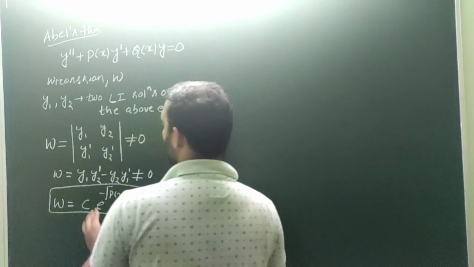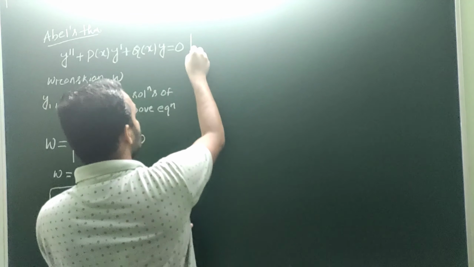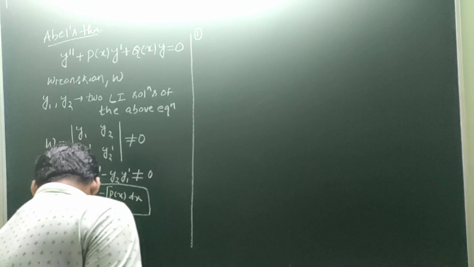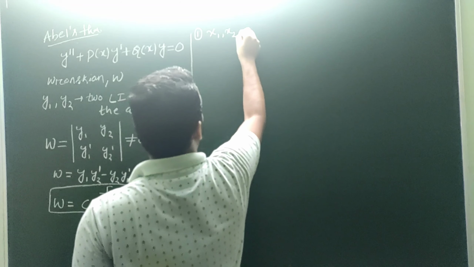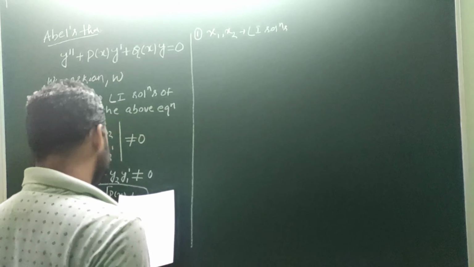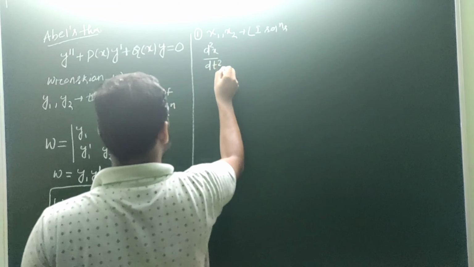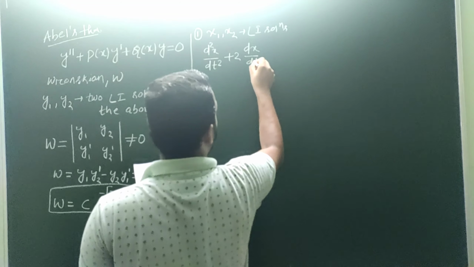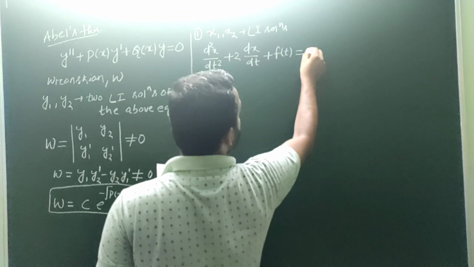Let's take some examples. I will keep this all the time and do all the examples on this side. First example I am taking. So the question is, let's say x1 and x2 are linearly independent solutions of the equation d square x by dt square plus 2 dx by dt plus f of t is equal to 0.